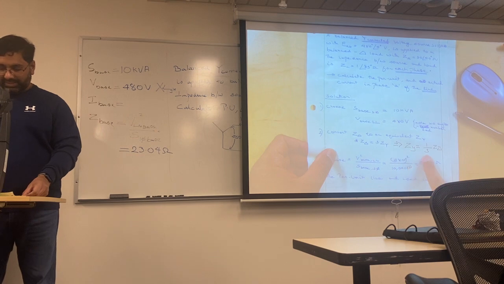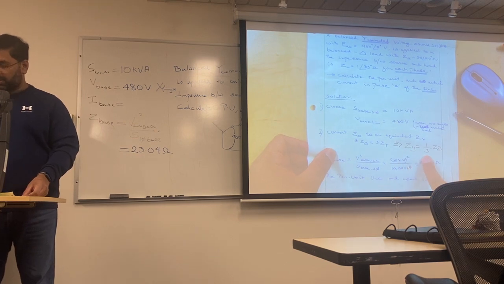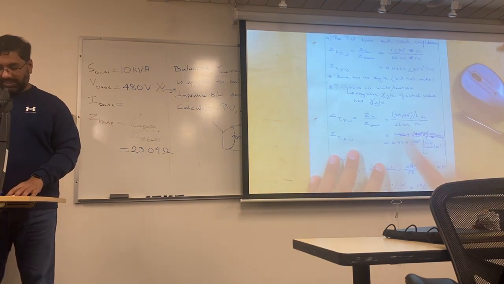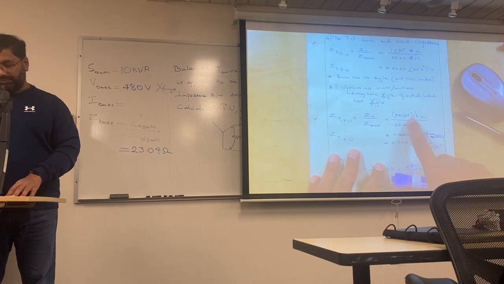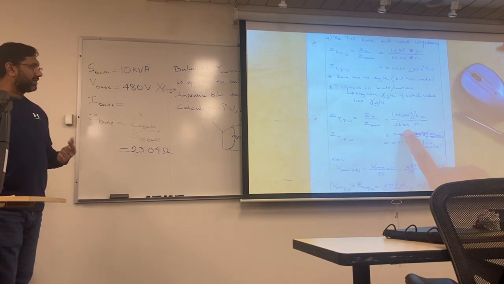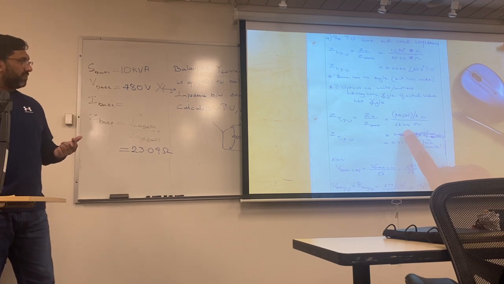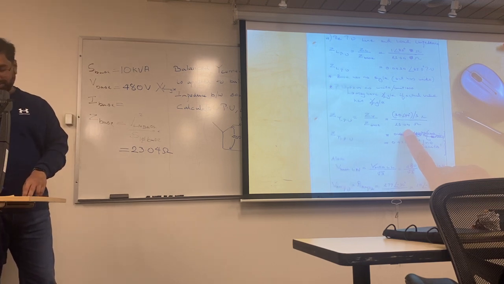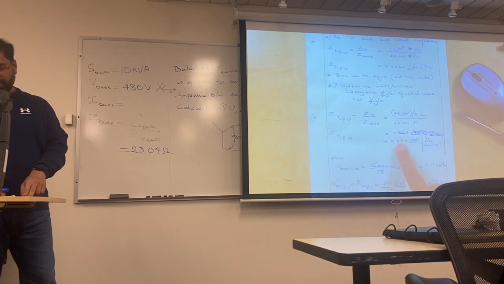ZY is 1/3 Z delta. So I took my 30 impedance with an angle of 40 divided by 3, and again I use the same Z base. So once you get going, it's pretty easy. It's just a matter of practicing a few problems and then you are good to go with this. So my ZY PU, or the load PU, is 0.43 with an angle of 40.